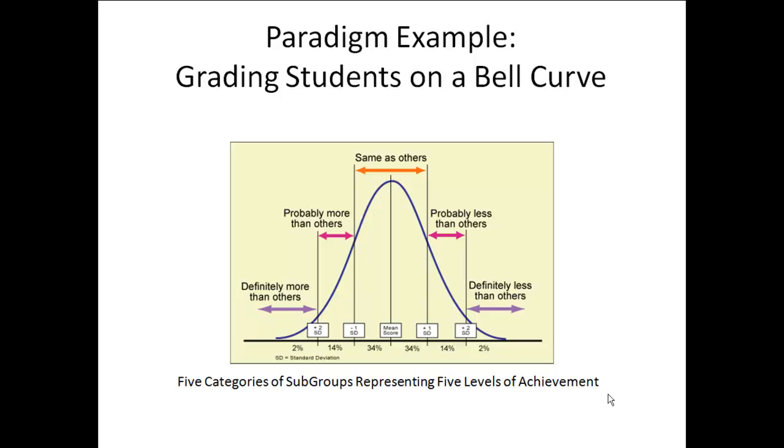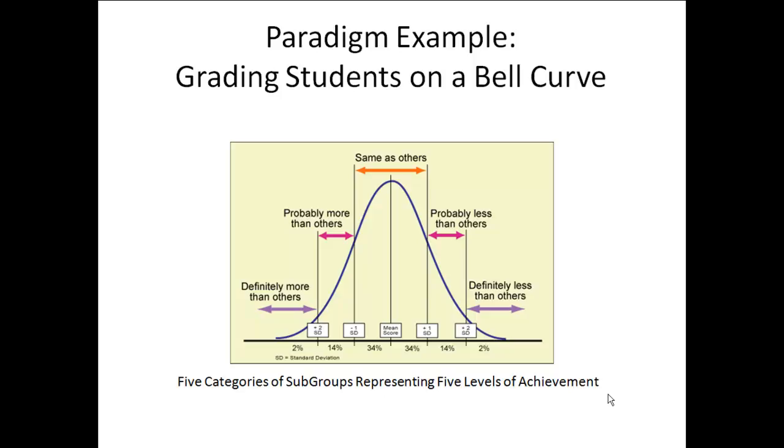But what the bell curve does is it creates a paradigm represented here by the way that scores are distributed. So typically we would have subgroups of students who have certain achievement scores, for instance, on standardized tests, or they may have different grades that are received on class activities or participation grades and so on in a classroom.